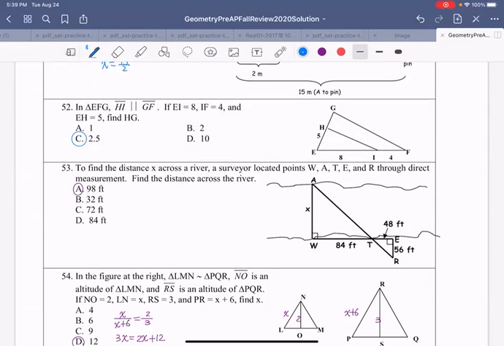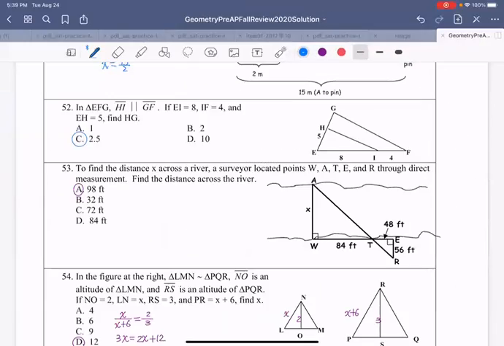Let me rotate this. So we can say 48 over, I guess, x. This guy over this guy, right?